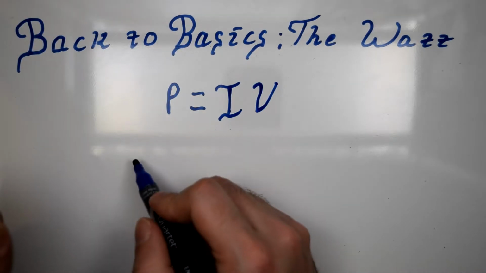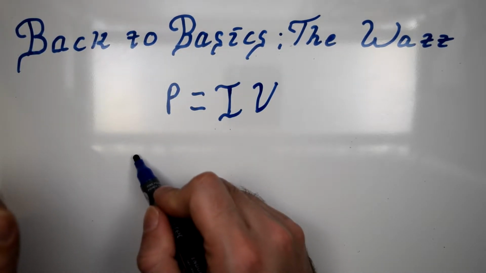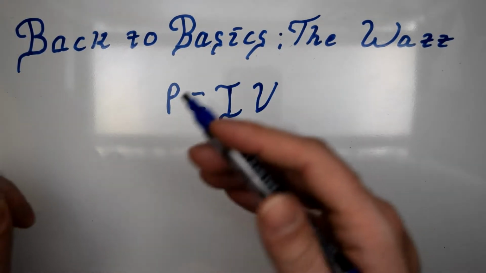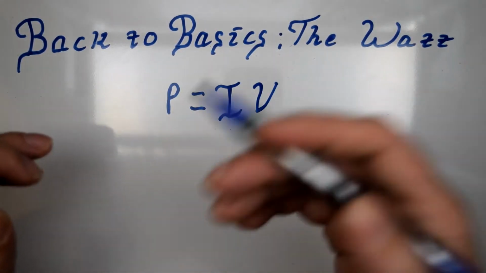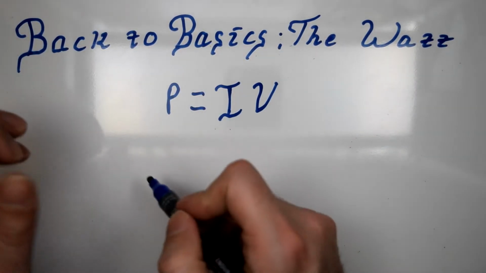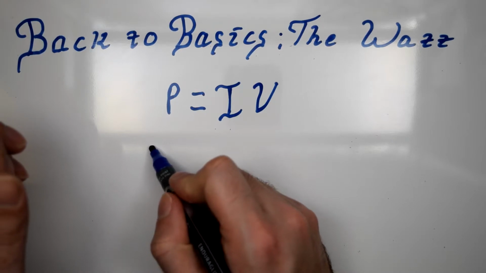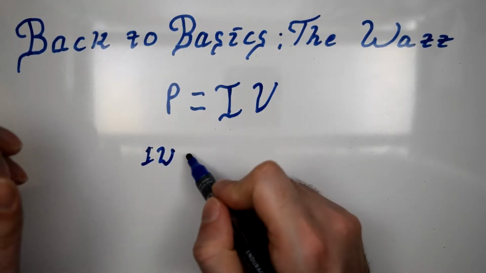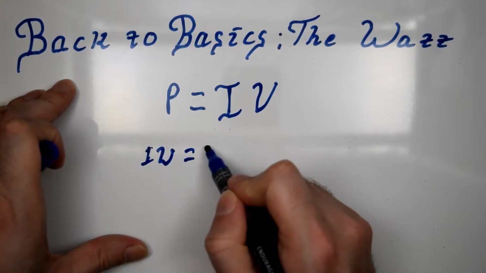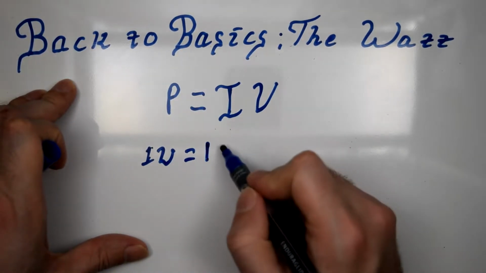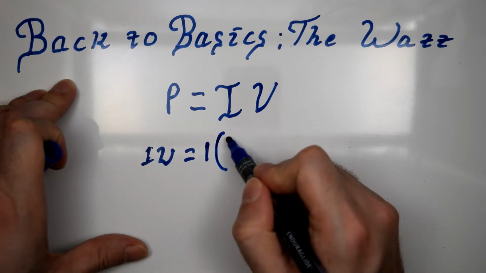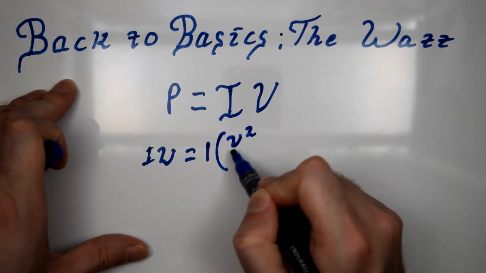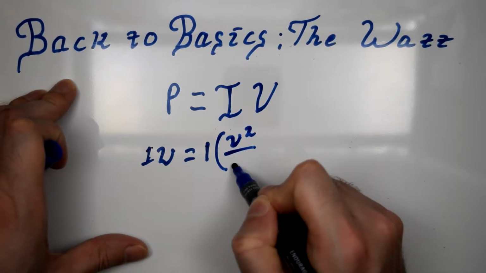We can also say, and I'll do it with the SI definition units, and then I'll write it down in the units that we typically use, that 1 watt is equal to 1 times voltage squared over ohms.